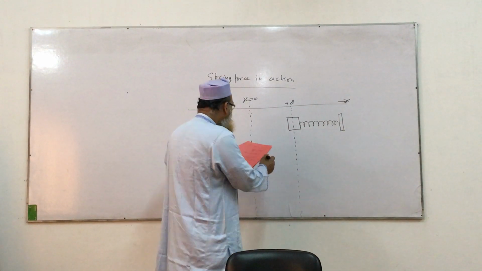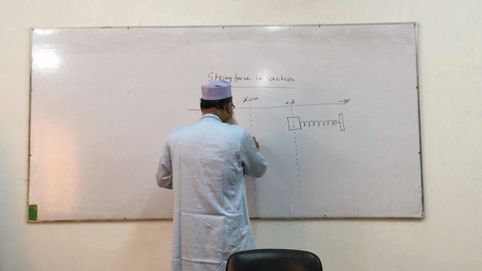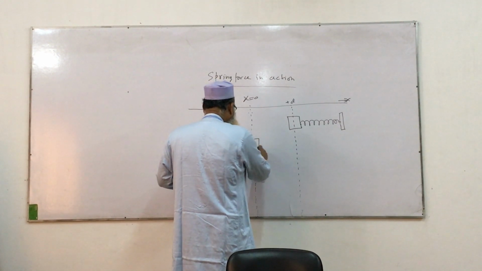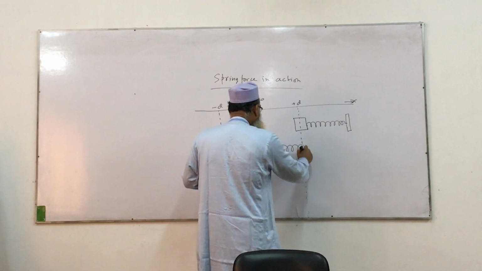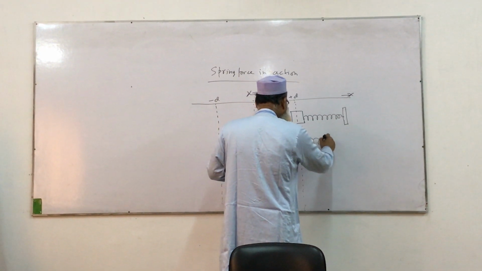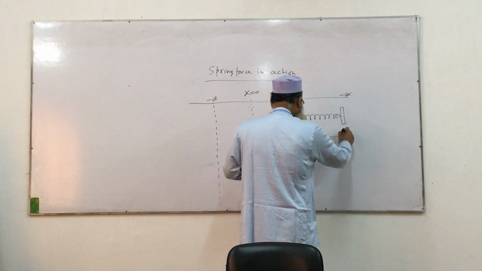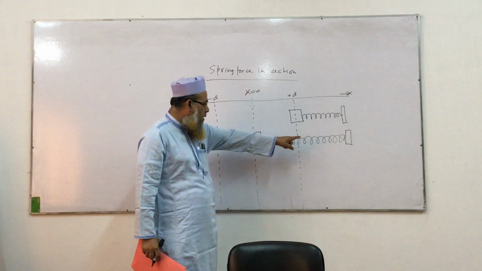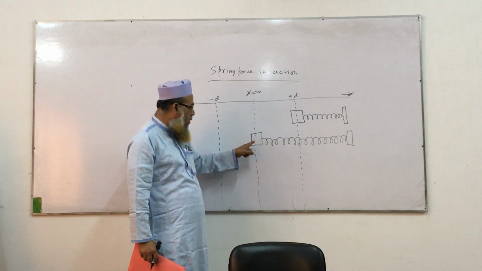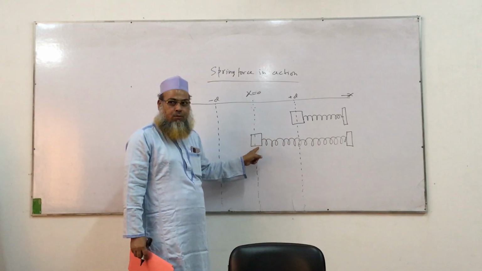So the next picture is x equals 0. You see, the spring pushes the block to x equal to 0.